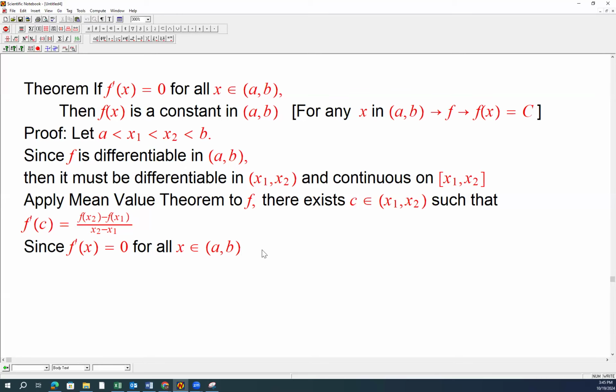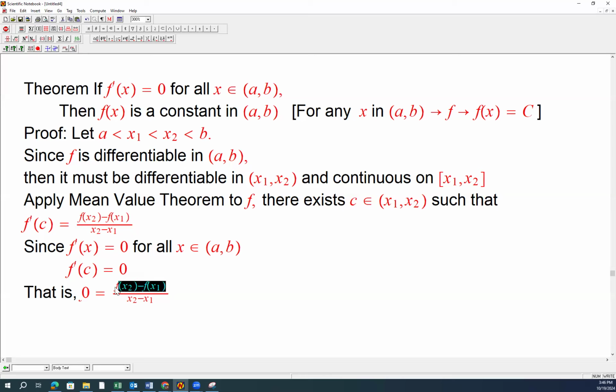thus the derivative of the function at c, which is inside of it, is also equal to 0. This is going to lead us to that this whole piece is equal to 0. If this whole piece is equal to 0, the denominator x2 minus x1 is not 0 because we know x2 is larger than x1.